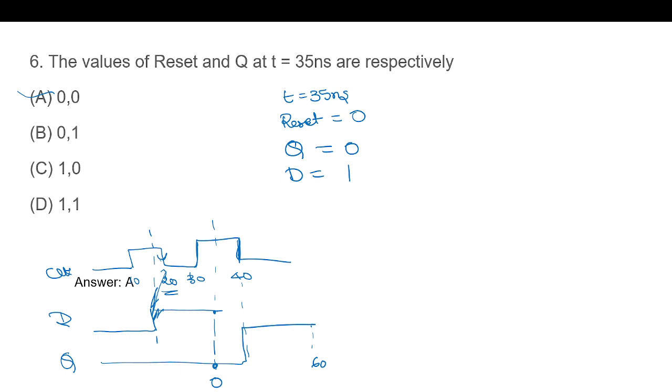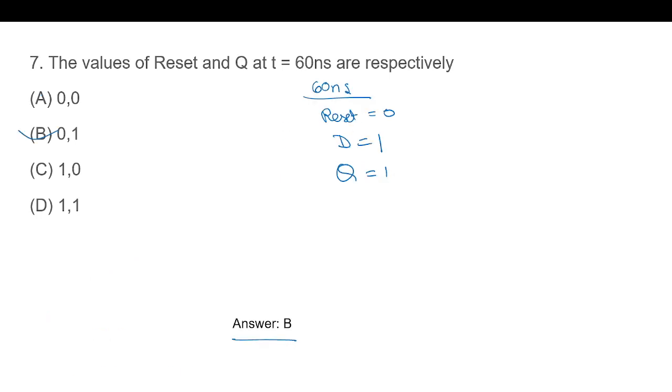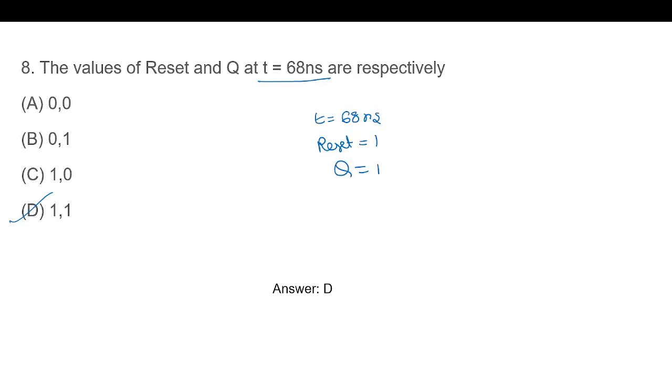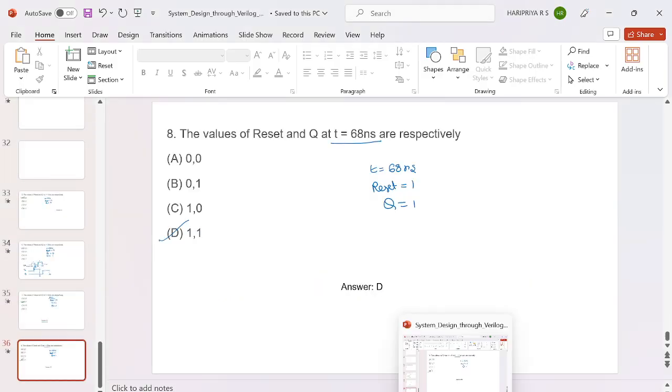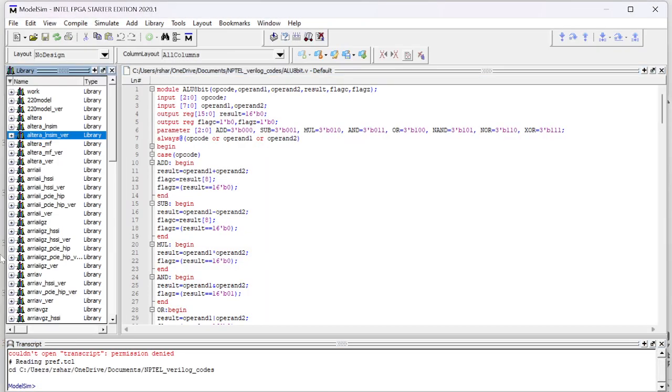Sixth is 00. Seventh is 01, so option B. And eighth is 11. Any doubts?